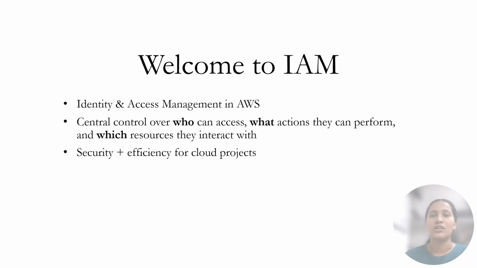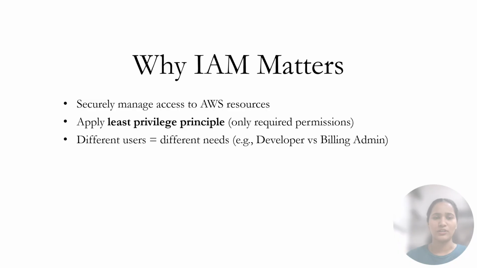IAM is like your control center for managing access across your AWS environment, whether it's individuals, applications, or services. IAM gives you the tools to decide who can access your environment, what they can do, and which resources they can interact with. For example, consider a developer who needs to start and stop EC2 instances for a specific project, while a billing administrator only needs to view cost reports.